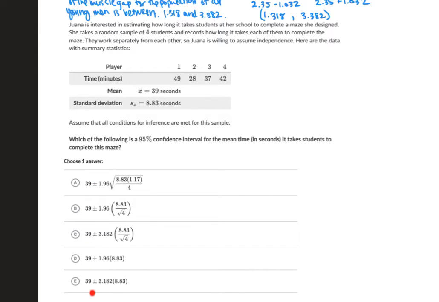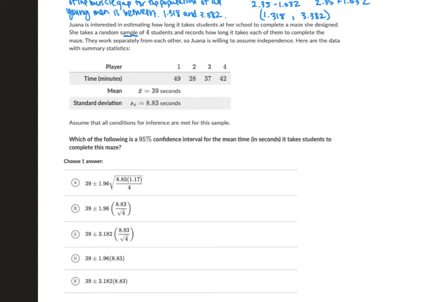So the estimate is the same for all of them. 39, that's X bar, that checks out. Next thing we're going to do is look at the critical value here, and there's two different ones we see. We see 1.96 and we see 3.182. So in this problem, we need to determine what our critical value is.